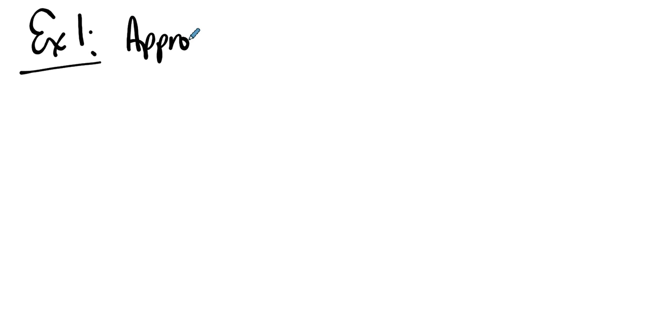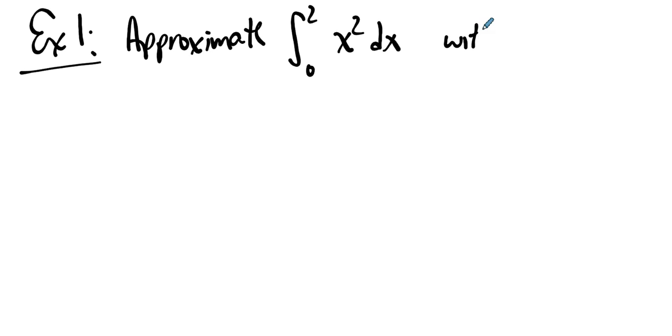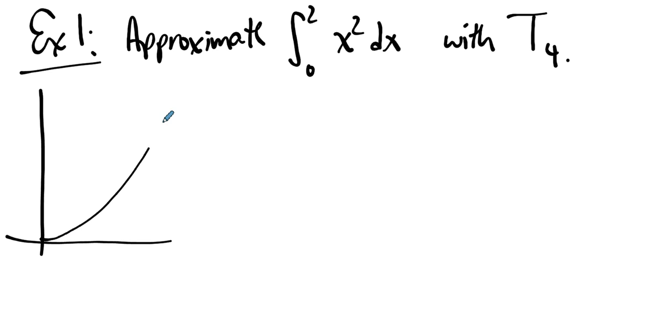So what does that look like? Approximate the integral from 0 to 2 of x squared dx with the trapezoidal rule for trapezoids. For trapezoids means that our cut points are at 0.5 and 1 and 1.5.